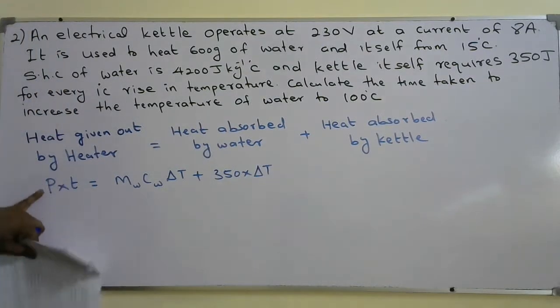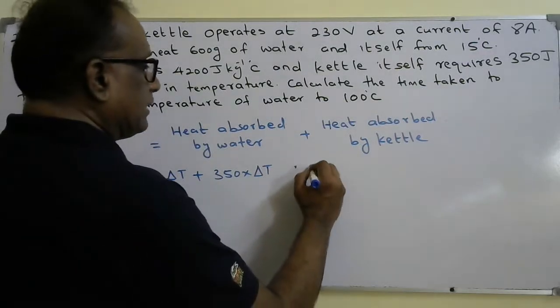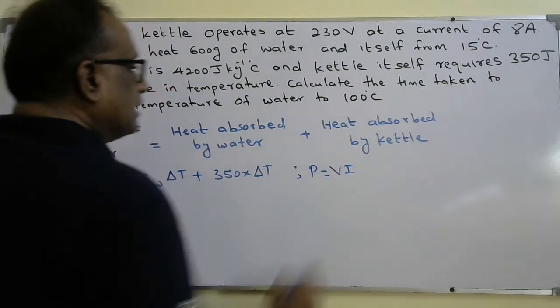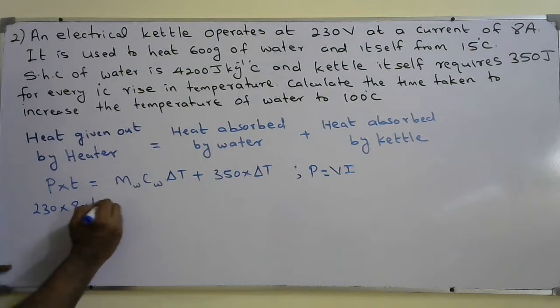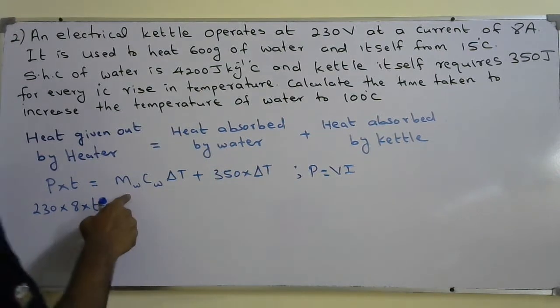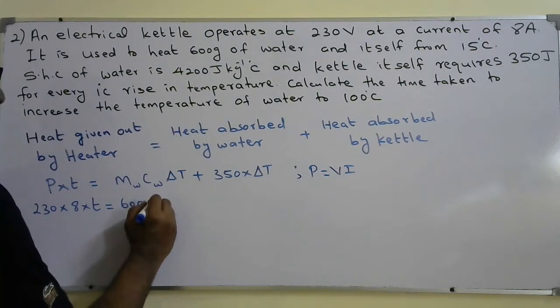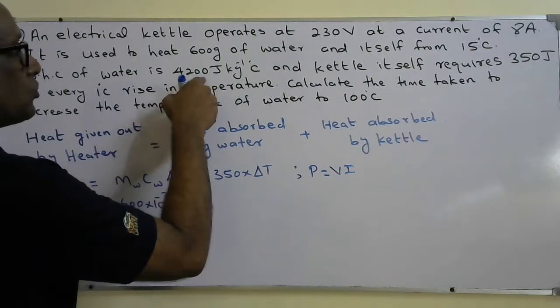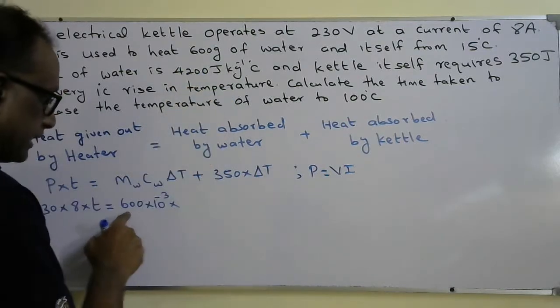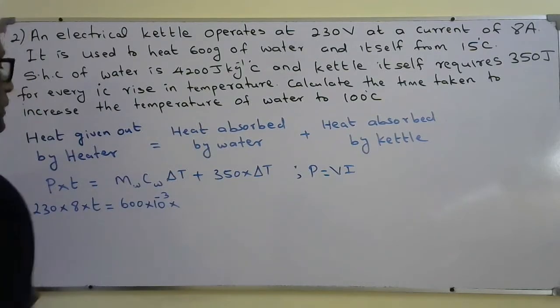Now we substitute the power, you know P equal VI. So instead of power, I can say VI, which is 230 into current 8. The time is the unknown, t. The mass of the water, 600 grams, divided by 1000, or into 10 to the power minus 3. The specific heat capacity is given as 4200 joule per kilogram per kelvin, so that's the reason I converted to kilogram. The units should tally.